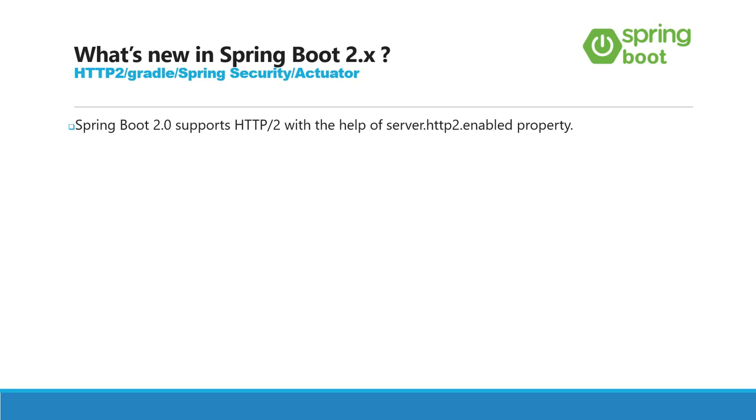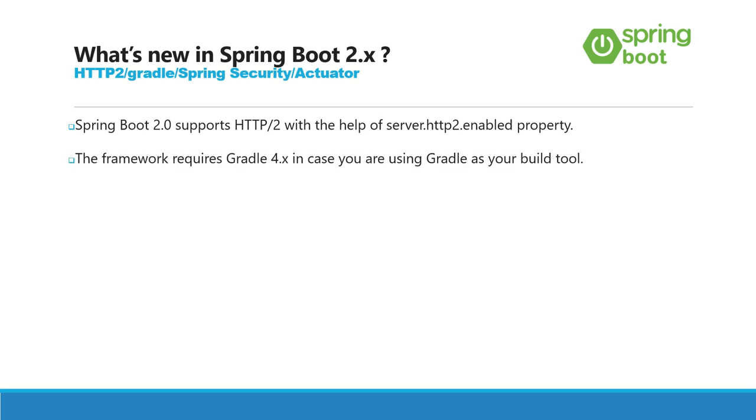You have to make this property true in your application.properties file to get support for the HTTP2 protocol. The framework also requires Gradle 4.x if you are using Gradle as a build automation tool. So if you create any project using Spring Boot 2, you require at least Gradle 4.